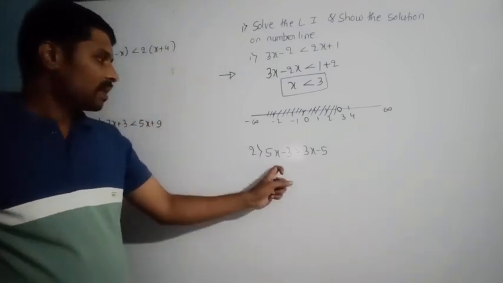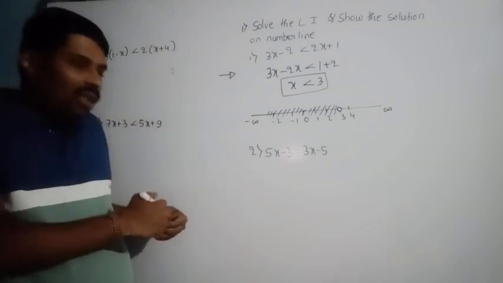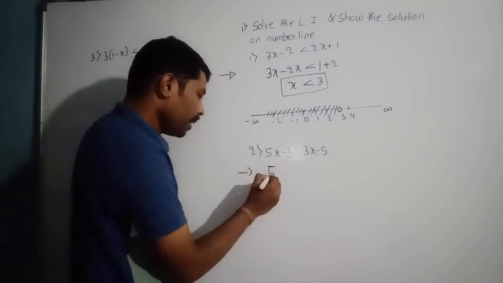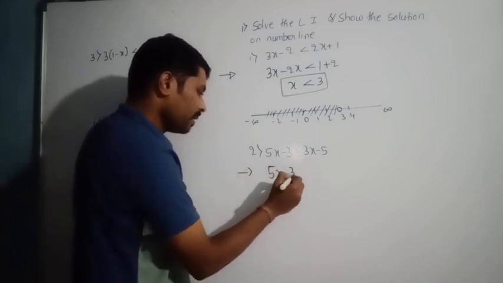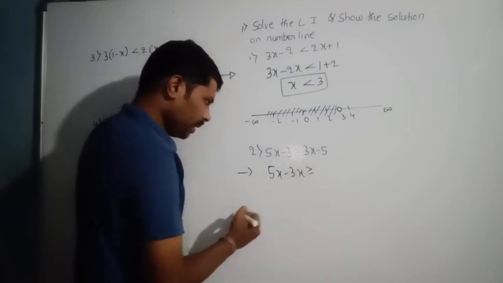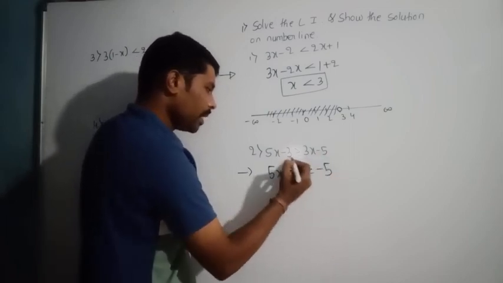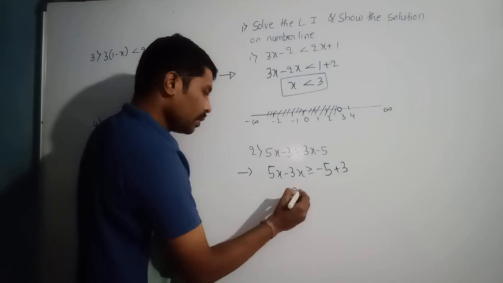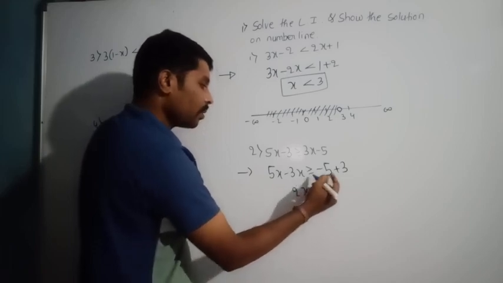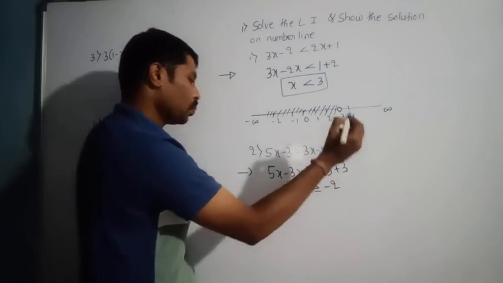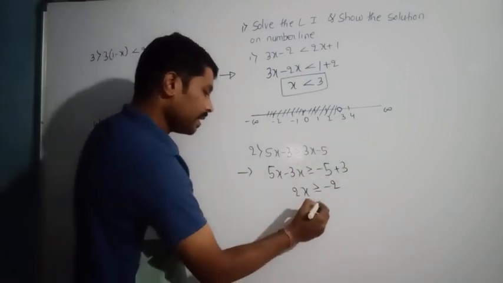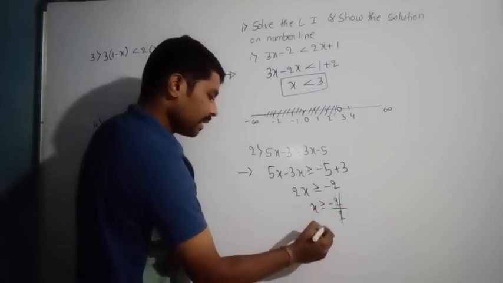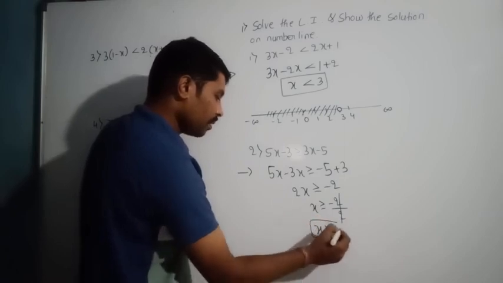Now same process, x terms here, constants there. 5x minus 3x greater than or equals to minus 5 plus 3. 5x minus 3x is 2x, greater than or equals to minus 2. So x is greater than or equals to minus 2 divided by 2, cancels. x is greater than or equals to minus 1.